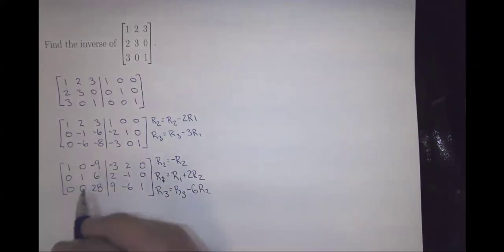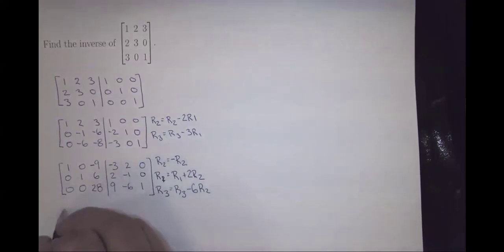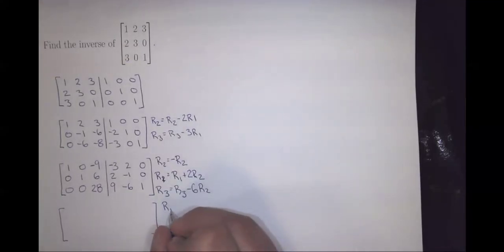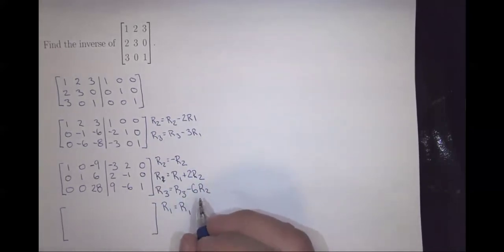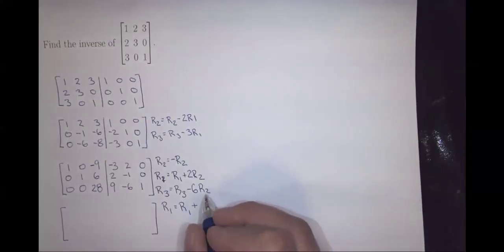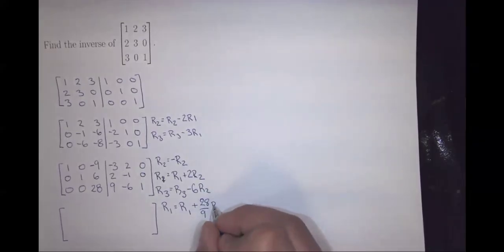Next, we want to pivot around the 28. So let's start with row 1. Row 1 is going to be equal to row 1 plus 9 over 28, or 28 over 9, I should say, times row 3.